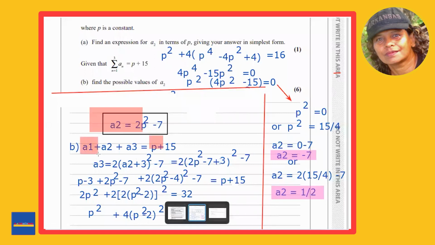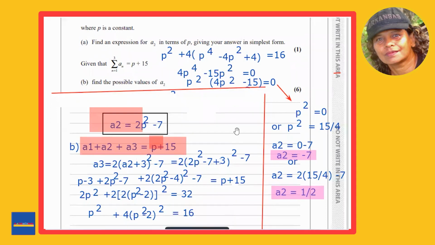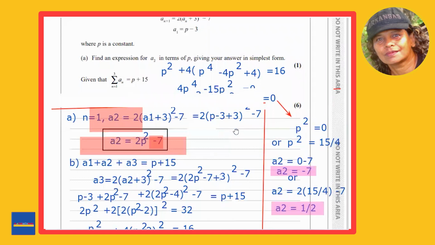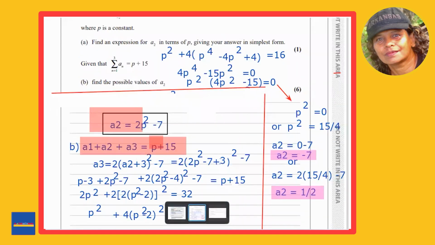We simply substitute 1, 2, and 3 for n, and we've been given that that's equal to P plus 15. Now we already have that A1 is equal to P minus 3. So we know that already, so we're going to use that.